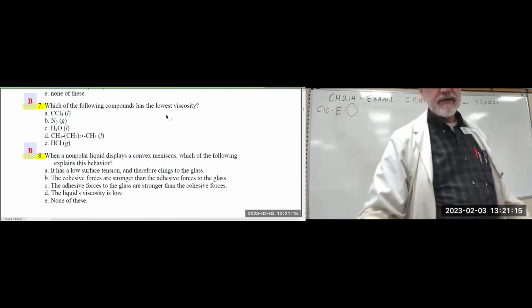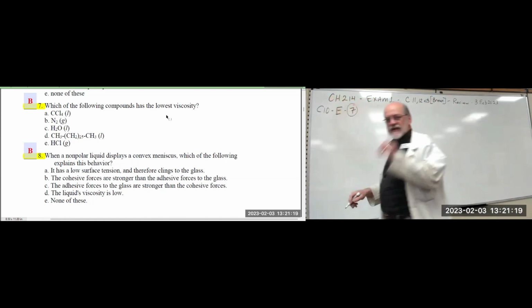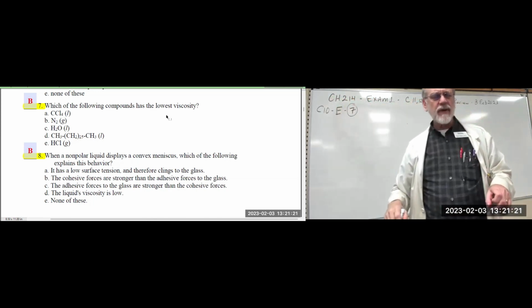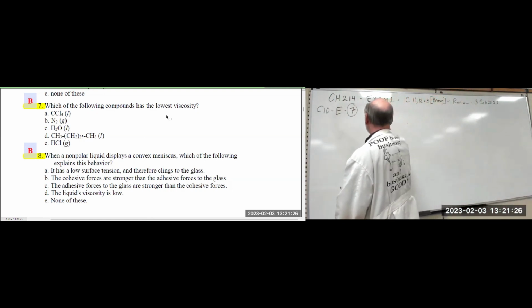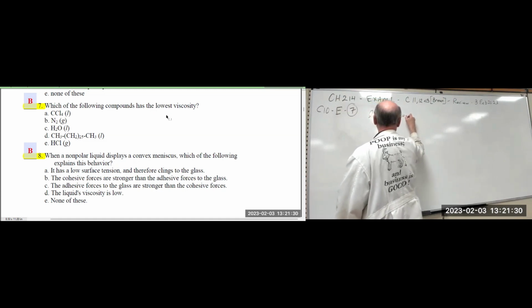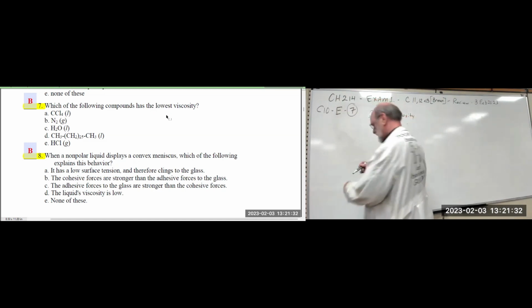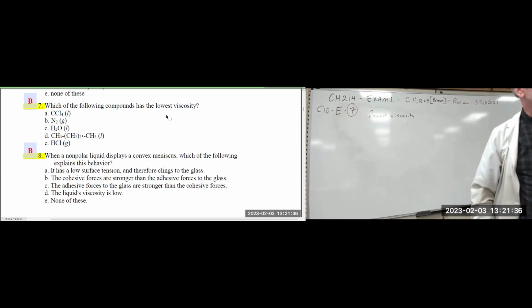Let's see, we get 7 and 8 at the same time. 7. Which of the following compounds has the lowest viscosity? All right, lowest viscosity. So what do we attribute viscosity to? Well, intermolecular forces.